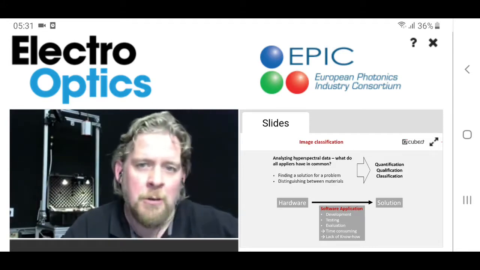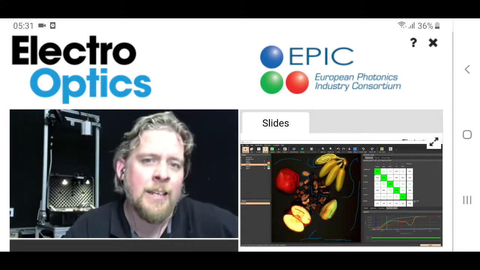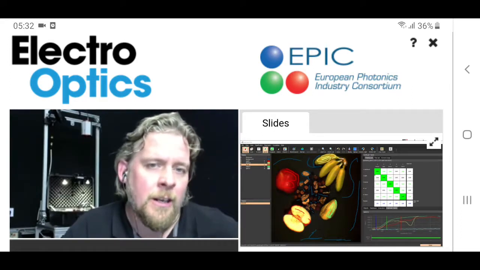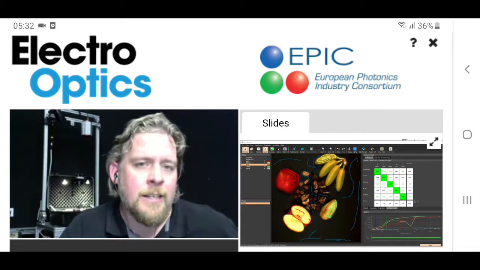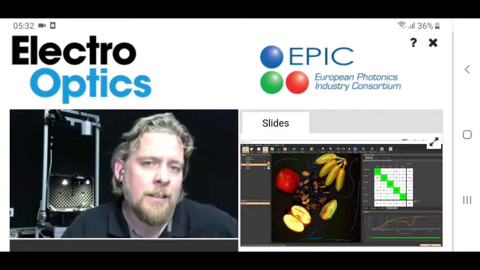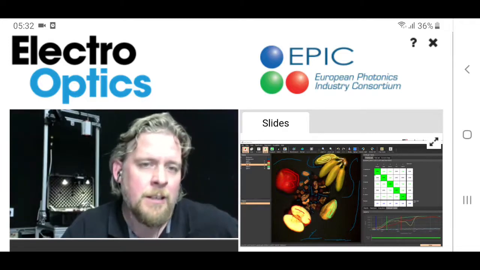What I wanted to show you is how to classify an image. I just shortly before this recorded an image, and you can see a set of different fruits here, pretty standard technology.